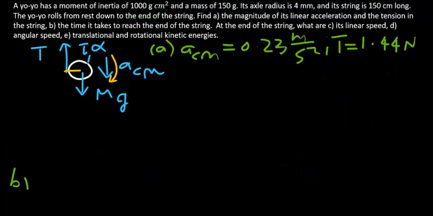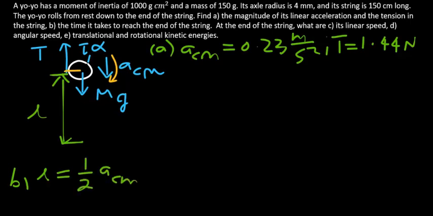Now let's do part B, the time it takes to get to the end of that string. Now this you can solve using kinematics. So L equals half times the acceleration times t squared plus the initial speed, which is 0 because it is starting from rest, times t. So that term goes away. This is the kinematics equation.